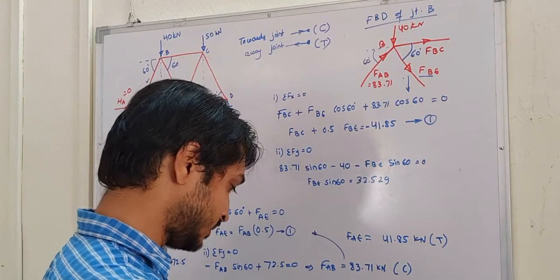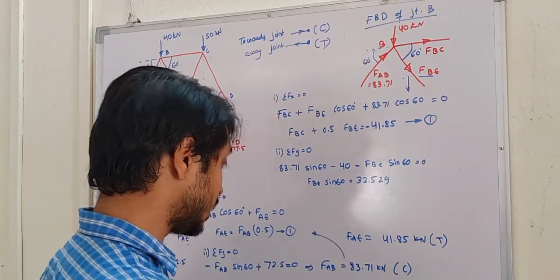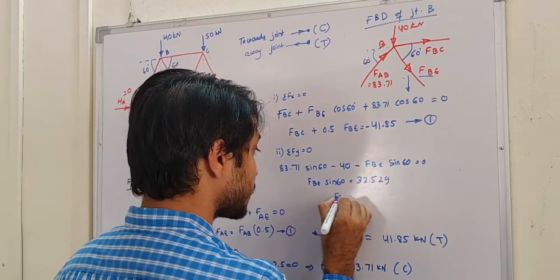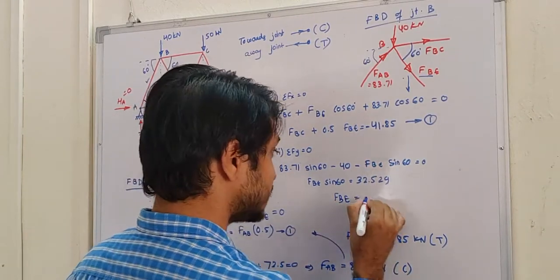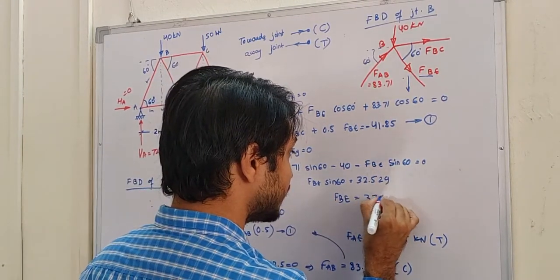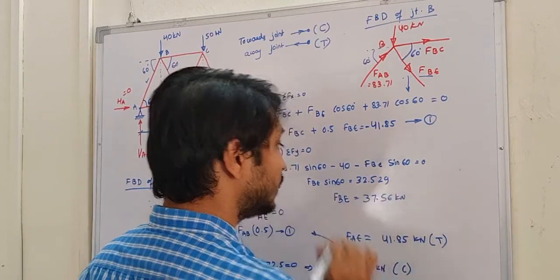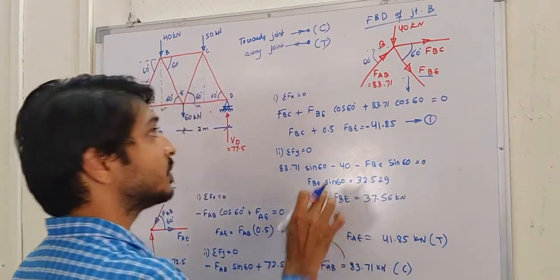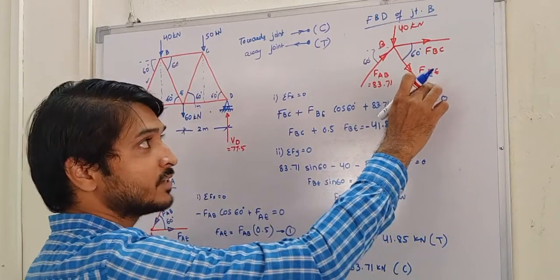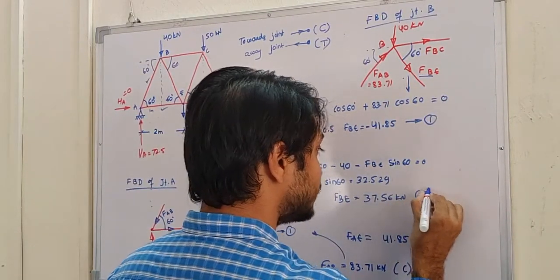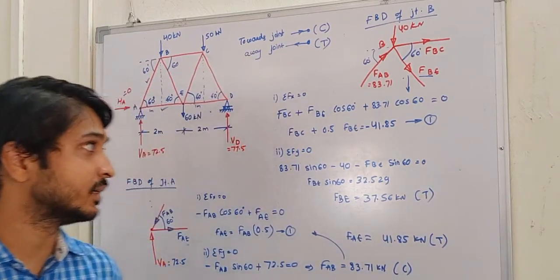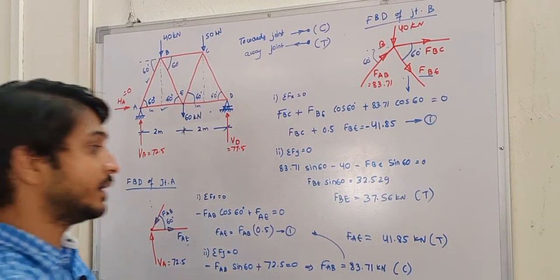Divided by sin 60, I get FBE equals, how much am I getting? I am getting 37.56 kilonewton. What we have assumed, FBE we have assumed tension. We have got the positive value, so it means that this is tension. I'll write tension in bracket as T.